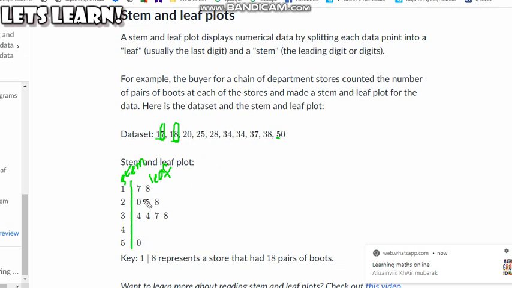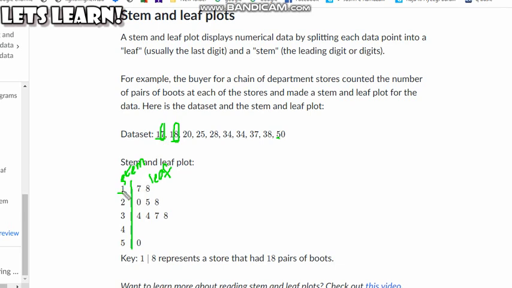Now how will I write it? For example, between these two numbers 17 and 18, 1 was the common number coming in the tens place, so I wrote it over here once. Then whichever numbers were coming in the units place, 7 and 8, with the common tens place number 1, I'll write 1 as the common number, and then the number in the units place, that is 7.